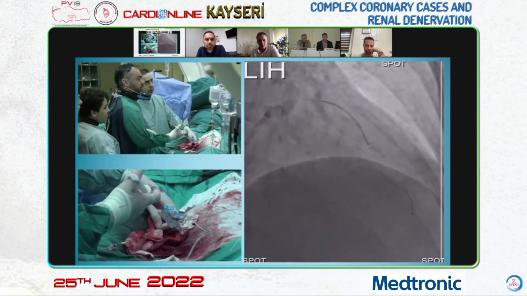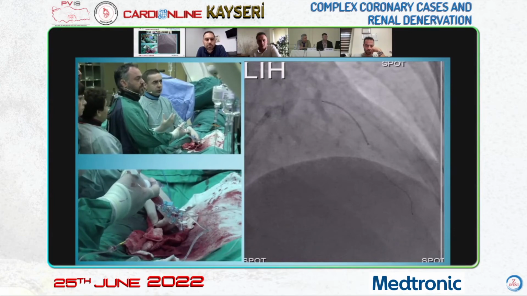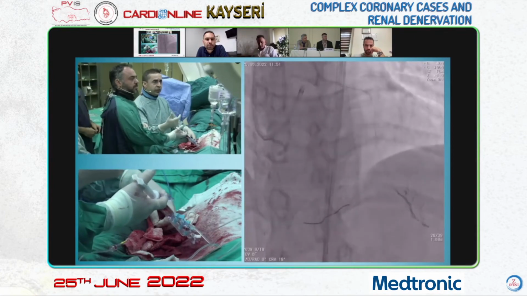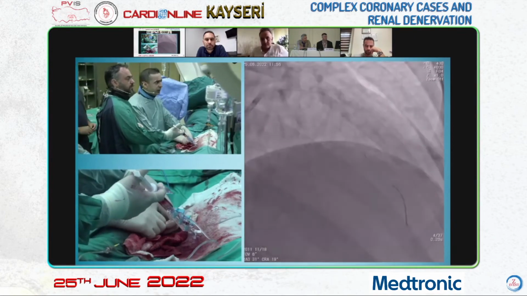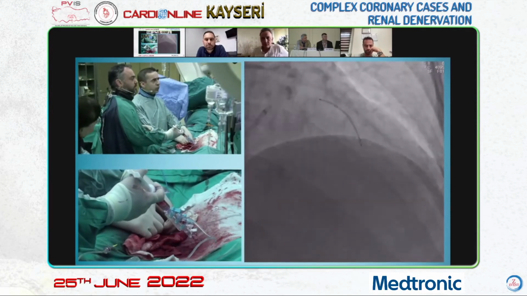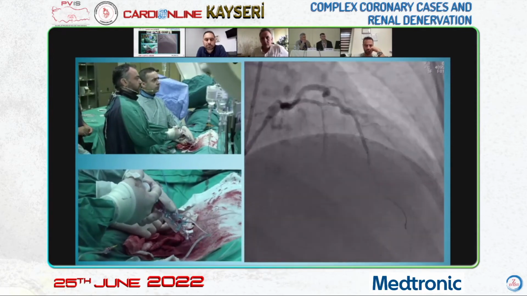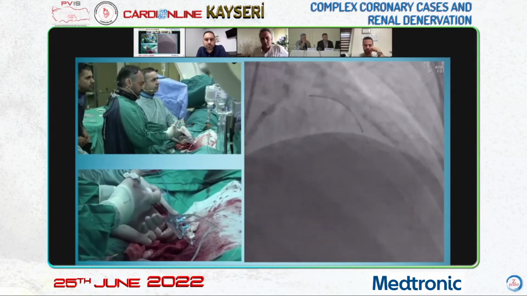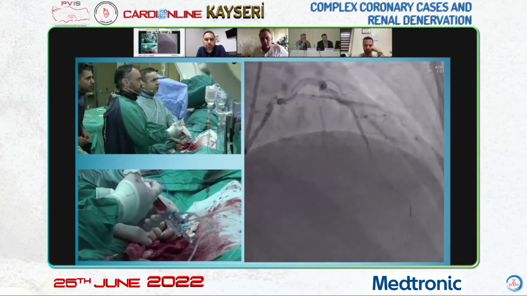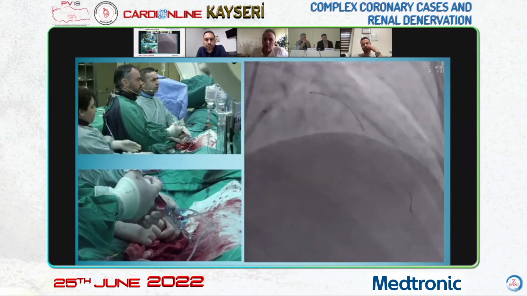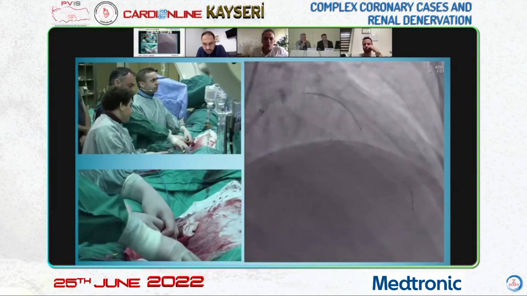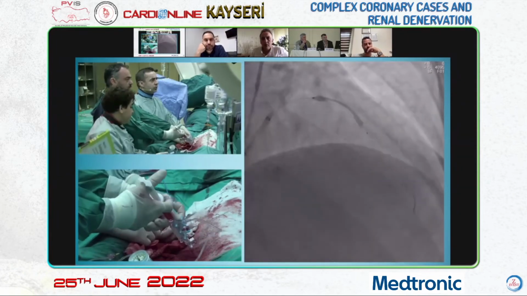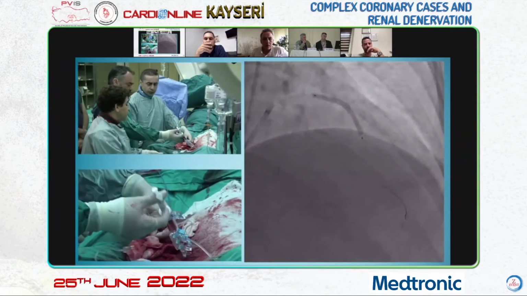The latest data shows that there's an elongation, 2 millimeters of elongation. I don't know the exact data about it. I'm pulling a bit. What do you say? What is your stent size? It is 2.75.